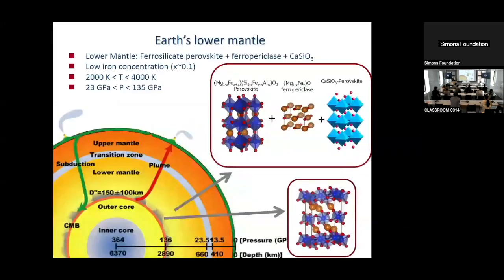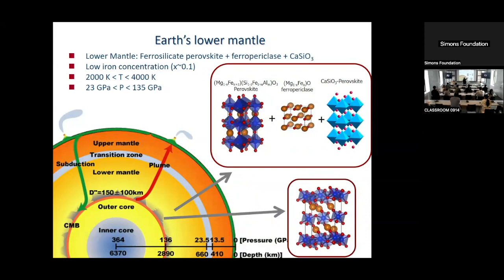So this is the lower mantle. We have bridgmanite, magnesium silicate perovskite with iron, ferropericlase, MgO with the rock salt structure with iron, and calcium silicate perovskite. It's a highly anharmonic phase. It's a small amount in the mantle. And so these are the main phases we are concerned with. Deep here, you have post-perovskite, a transition in bridgmanite.